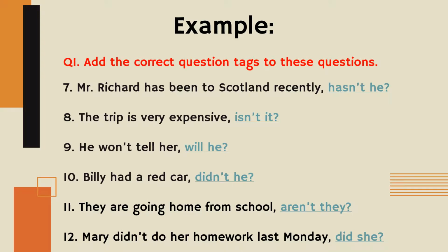Did she? So it is a negative statement changing to positive and Mary as a noun changing to pronoun. So the question tag added in the 12th sentence is did she.